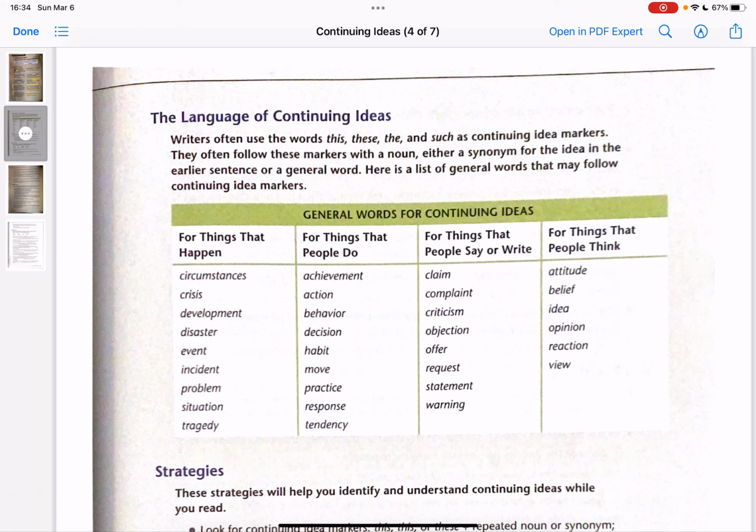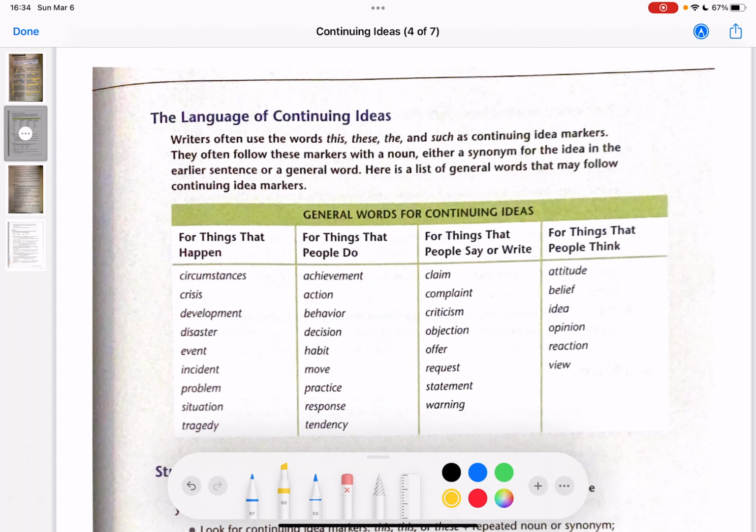As mentioned before, writers often use this, these, the, and such as continuing idea markers, and they're often used together with a noun, either the same word or a word from the word family or a synonym from an earlier sentence. And here is a list of general words that often follow continuing idea markers. They fall into different categories. For things that happen, events, you can use the words here to continue ideas.